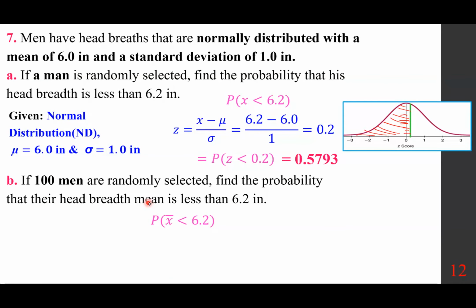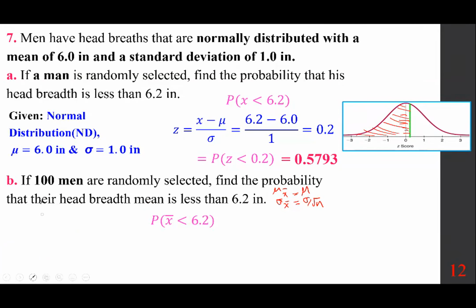In the case of X bar, let me write those formulas. Mu of X bar is mu. Sigma of X bar is sigma over square root of n.